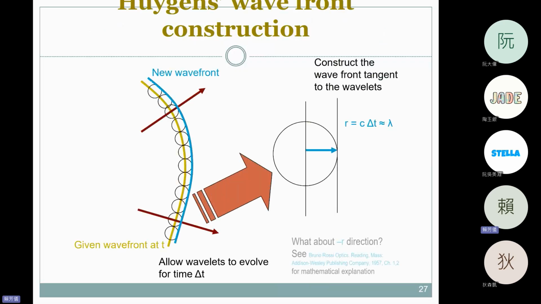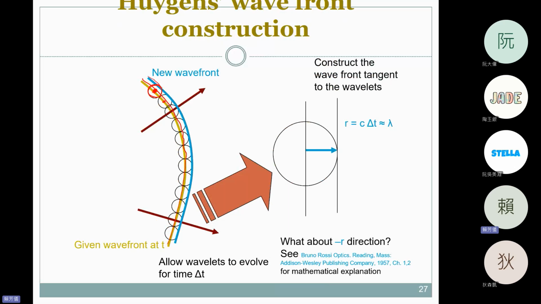Okay, and this shows how to form the next new wavefront. He said that every point in the original wavefront can be a wave source, and every wave source will emit a small wave.